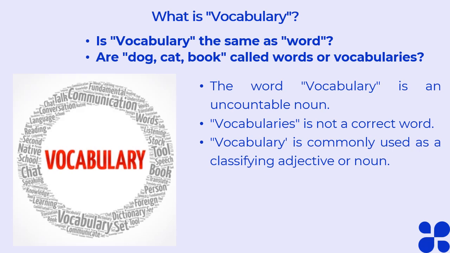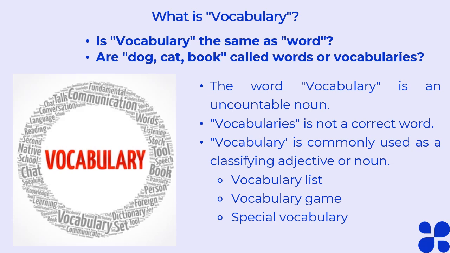For example, you can say a vocabulary list or vocabulary game, where the word vocabulary acts as an adjective describing that the list or game is about words. Or you can use it as a noun, as in a special vocabulary to refer to a group of words that are special, or lower secondary vocabulary to refer to the types of vocabulary or words that are common.